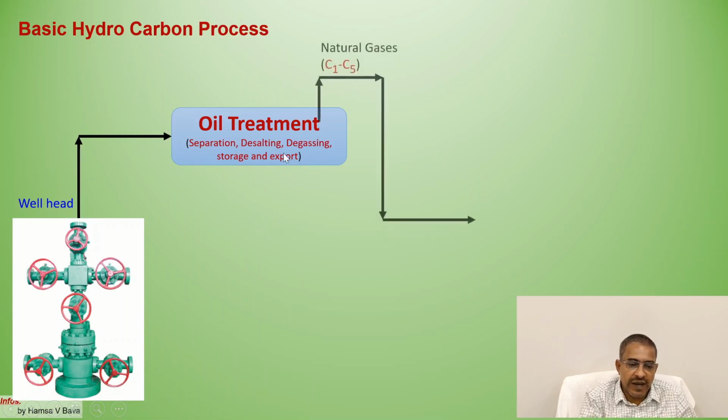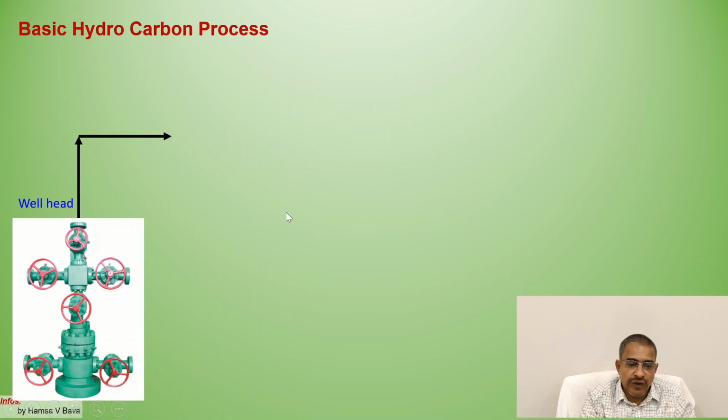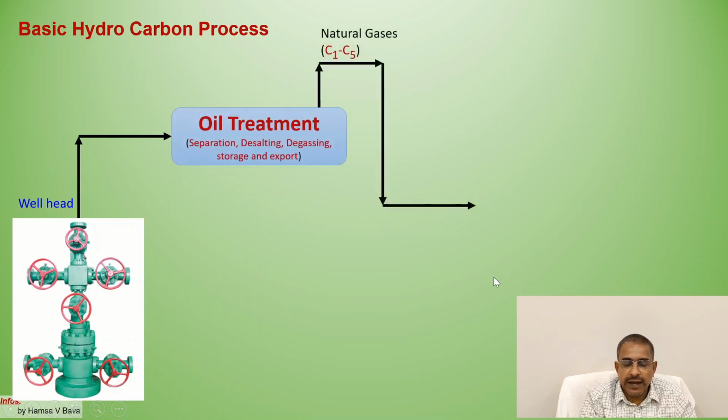Oil we are exporting, and natural gas also we are exporting from the separation. Various types of separators are there: vertical, horizontal and spherical, two phase and three phase. For any doubt, better to watch my oil separation videos.